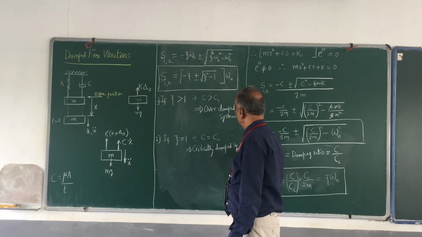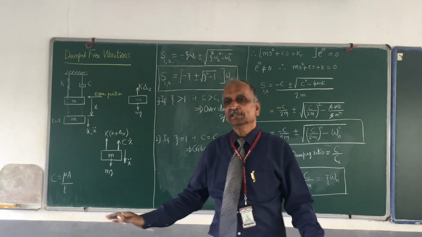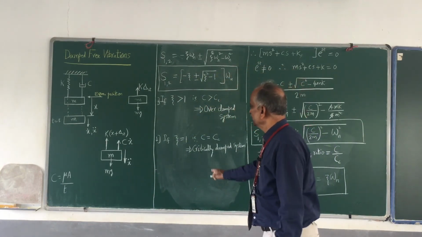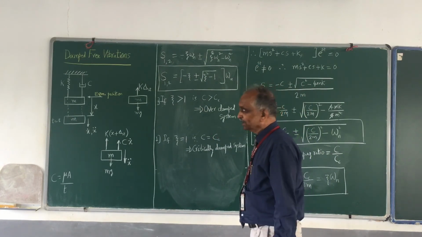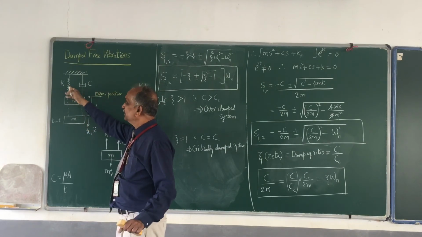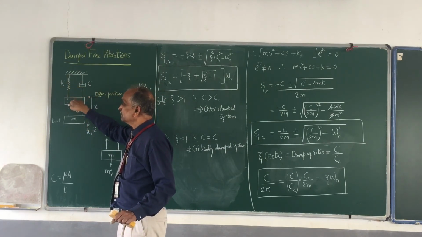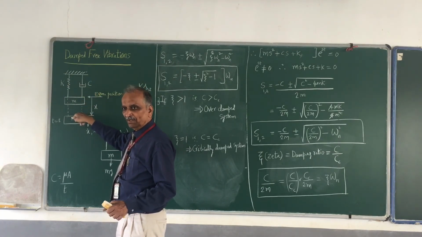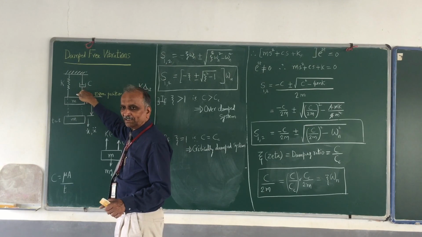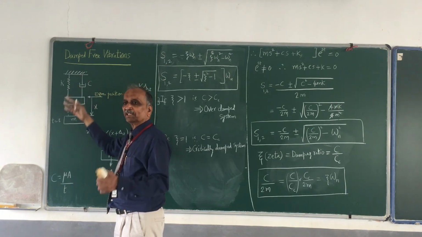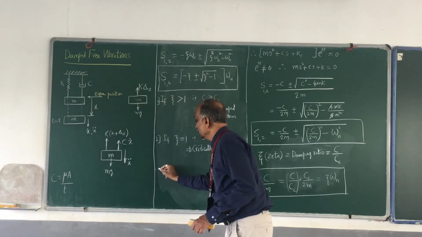The damping is the same as the critical damping coefficient, and that system is called critically damped. So depending upon the values of K, M and C, I can find out the value of Cc. Then I compare Cc and C. Then this system may be over damped, or critically damped, or there is a third possibility.